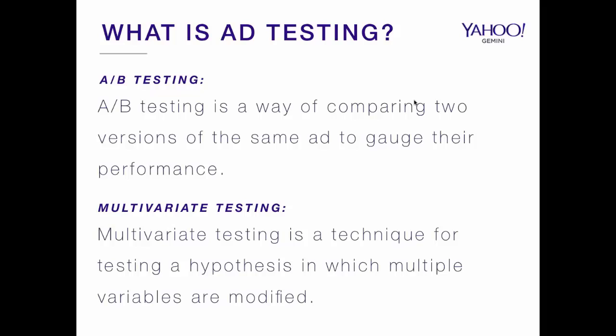So what is ad testing? Well, there's two kinds of testing, as I alluded to. There's A/B testing, which is very simply a way of comparing two versions of the same ad to gauge their performance. And then there's multivariate testing, which is a technique for testing a hypothesis in which multiple variables are modified.